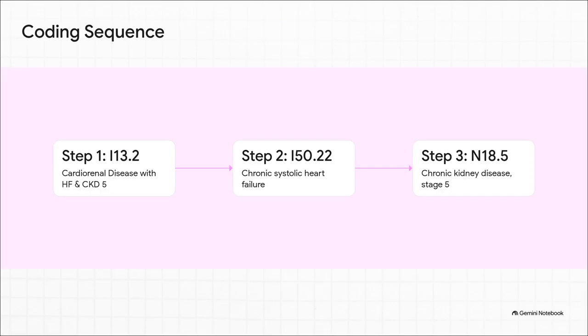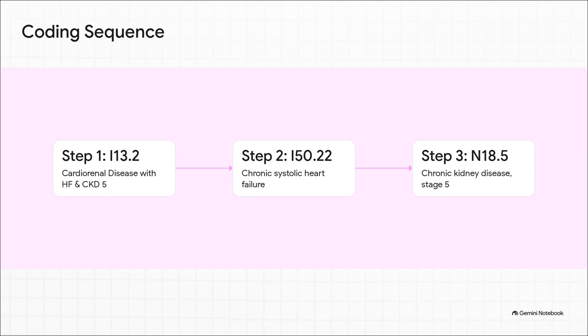All right, let's break this down step by step together. Step 1, we've got hypertension, heart failure, and CKD. That's a 3-way link, so we know for sure we're in I-13 territory. Because there is heart failure and the CKD is severe, we're talking stage 5 here, we grab our I-13.2 umbrella code. Okay, step 2, we must specify the heart failure.